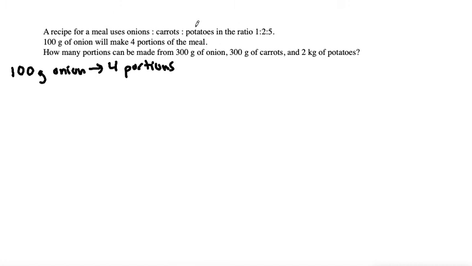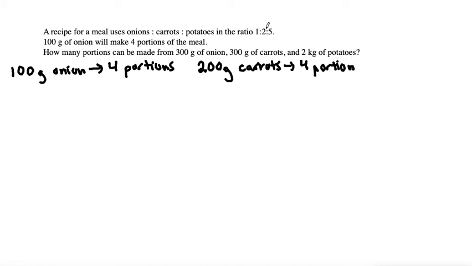Then since we use onions to carrots in the ratio of 1 to 2, that means that it would take twice the number of grams to make 4 portions using carrots. So it would take 200 grams of carrots to make the same 4 portions of the meal.